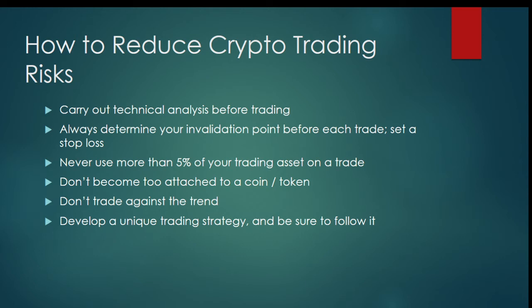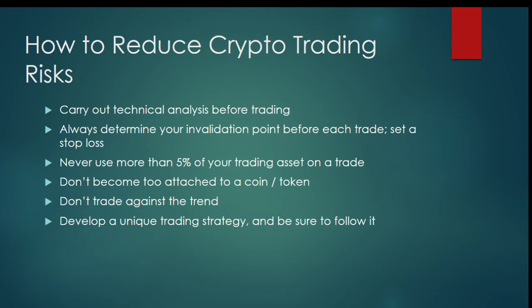Another thing you want to do is to always determine your invalidation point before each trade. The invalidation point is the point at which the reason for entry of that trade has been nullified. So when the reason for entering a particular trade has been nullified, the best thing is to get out of that trade. Don't hope for a change.